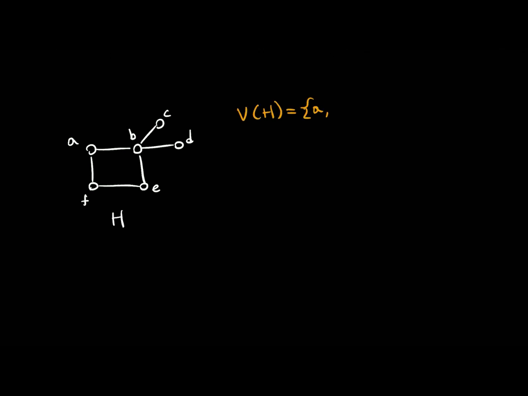Great. Now consider this crazier graph. Say H. This is going to be vertex A, vertex B, C, D, E, F. The vertex set of H equals vertex A, B, C, D, E, F. And the edge set, well, I'm going to let you look at it for a minute.